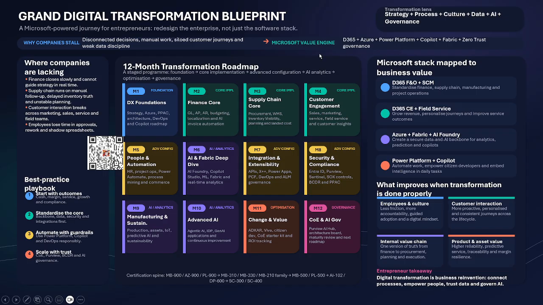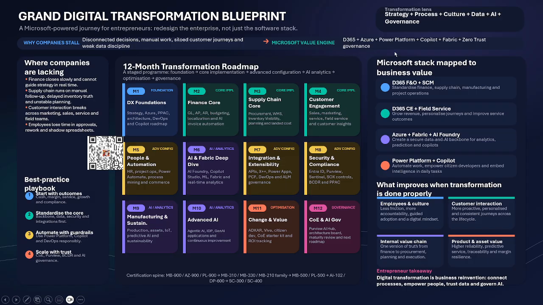In this transformation process, the Microsoft stack, the products which Microsoft has, can definitely help us to do the digital transformation. There is D365 Finance and Operations, which is enterprise resource planning, integrating all the functional areas inside it. As we talked about finance, supply chain, customer engagement, manufacturing, all these are integrated inside it.